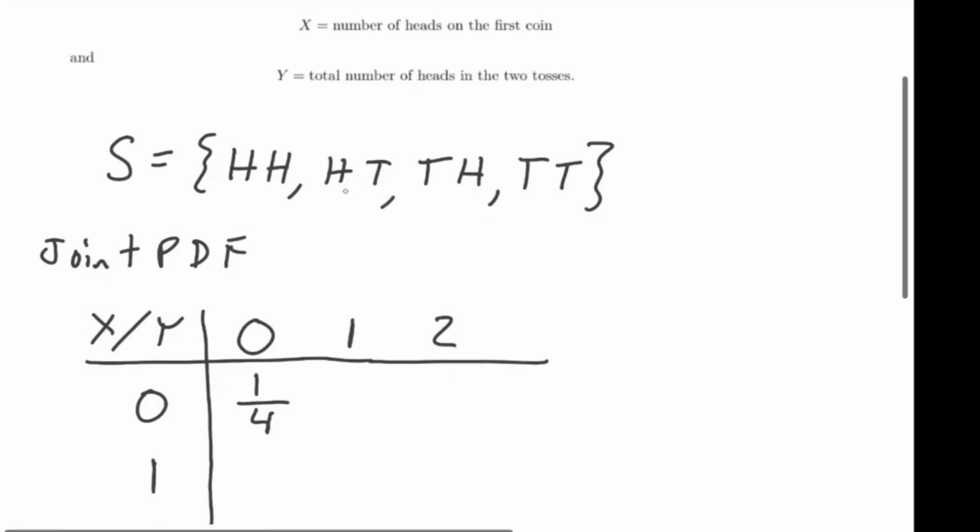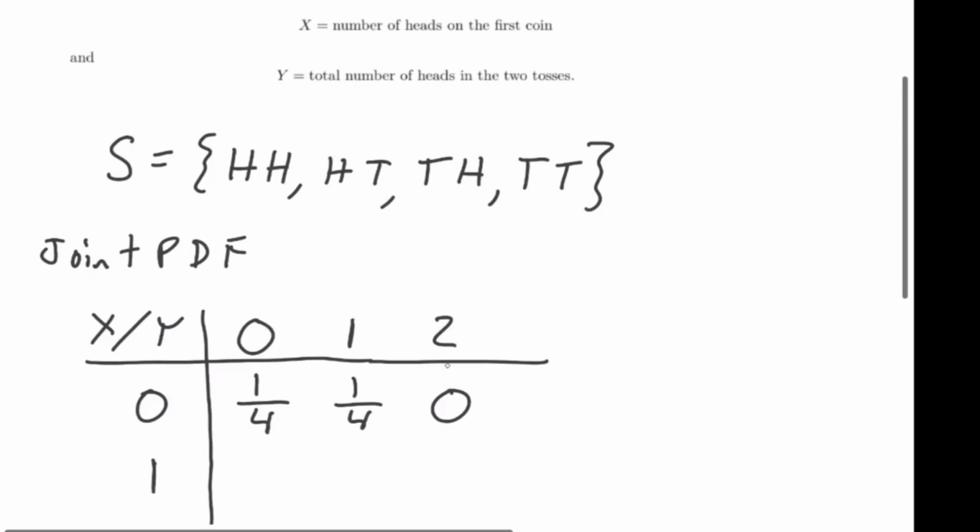That is this guy here, tails, heads. So that's also 1 out of 4. Now, the probability that the first toss has 0 heads and the total number of heads in the two tosses is 2 is not possible, right? The first one would have to be a head in order for there to be a total of 2 heads in the two tosses.